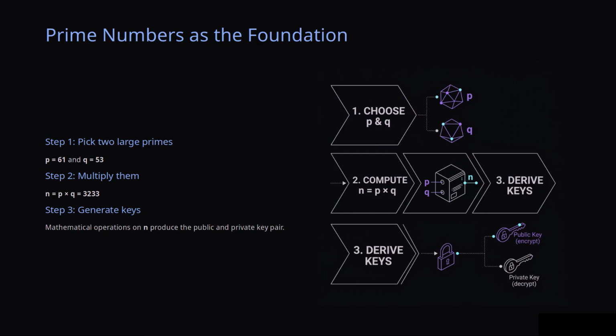And remember, we got n through p times q, and phi of n we get from p minus 1 times q minus 1. So first, to get the public key, we select a random exponent e that is bigger than 1 but smaller than phi of n. And it's important that e does not share a common factor with phi. They have to be coprime.